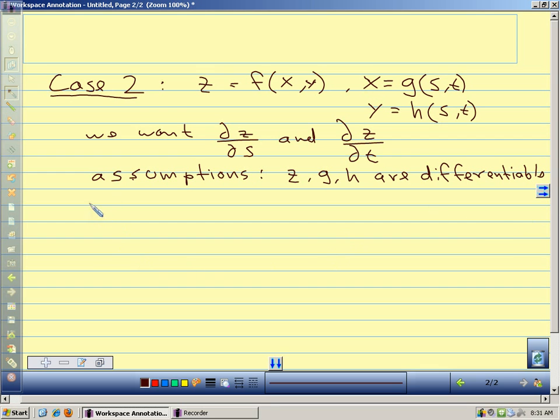And we're going to apply case 1 that we just talked about to each of these partials.